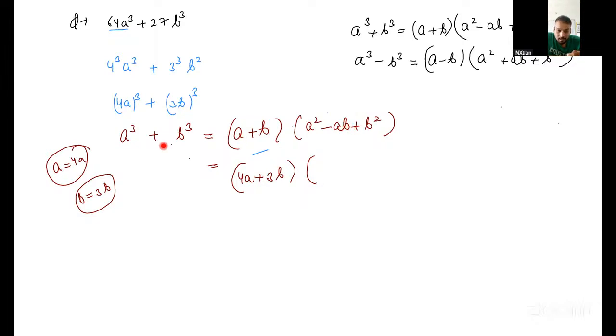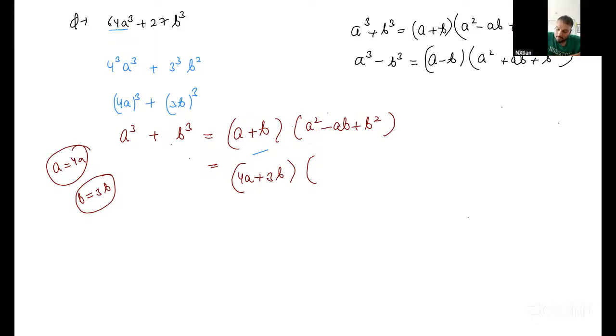If you put plus, you will not get A cube plus B cube. Do you understand what I'm trying to say? So when you solve this, then only you will get A cube plus B cube. If you put plus in this, you will not get A cube plus B cube. Understood, Simeon?